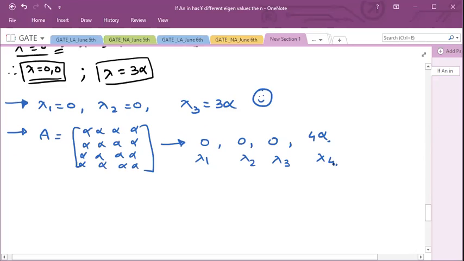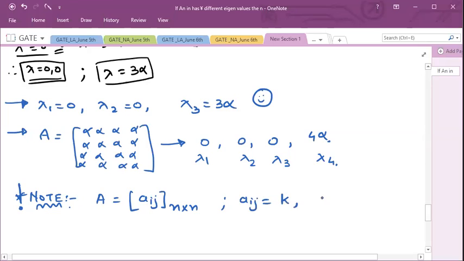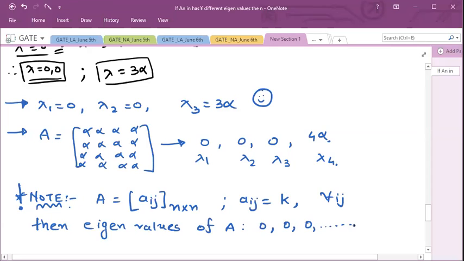Okay. So from here, I am going to give you one note that if your A is defined as Aij, any square matrix, n by n means square matrix, and all elements are same, your Aij equal to alpha or k, anything for all i and j, then eigenvalues of A will become 0, 0, 0, up to 0. How many times?